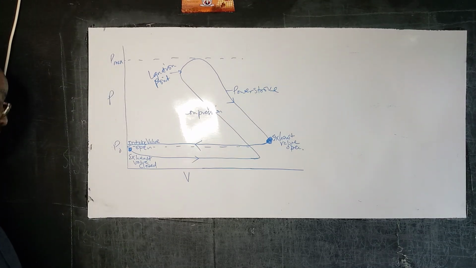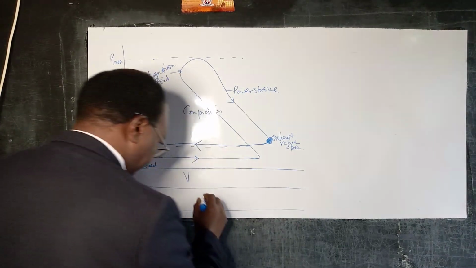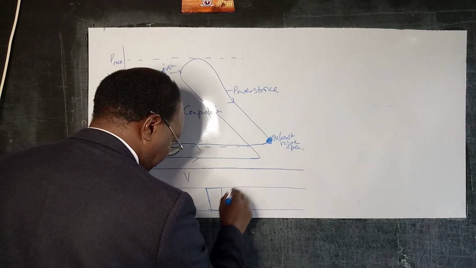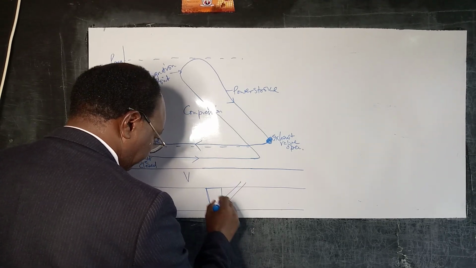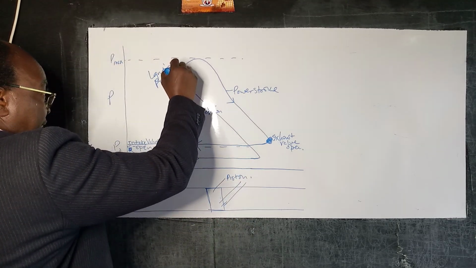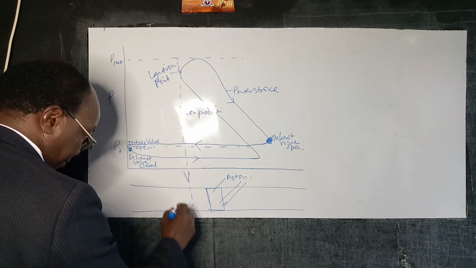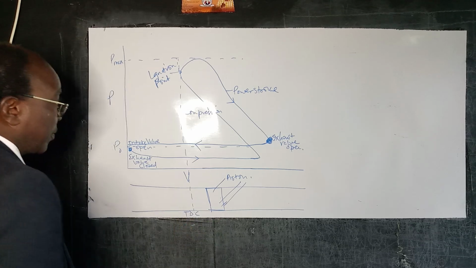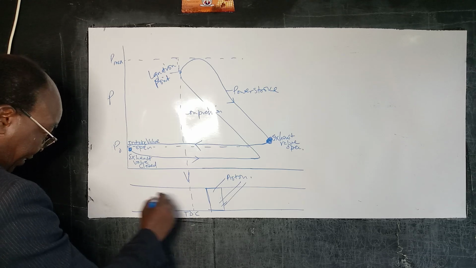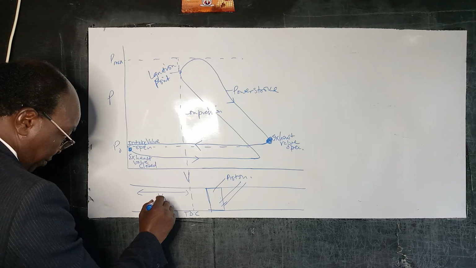So technically we can say that if we had our piston here, that's the rod, that corresponds to the TDC. Based on how we have drawn this, which is a little bit exaggerated, that would be the clearance volume.